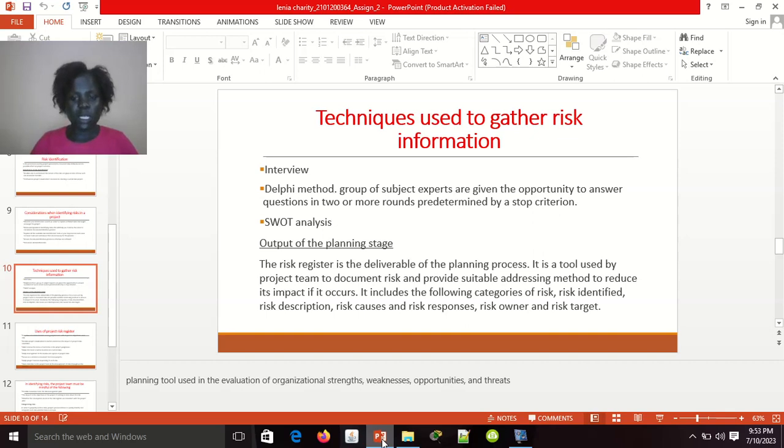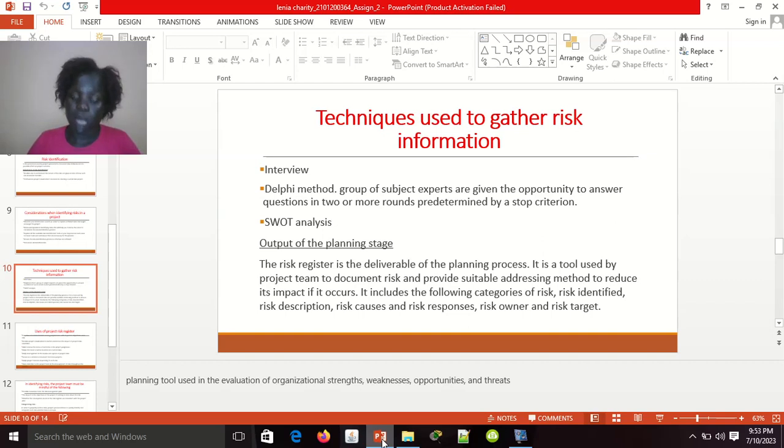By doing this, the process of answering questions reduces until the group agrees on one correct answer. The other technique is SWOT analysis.